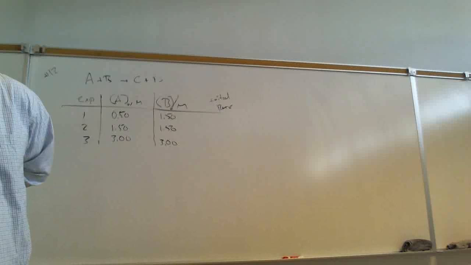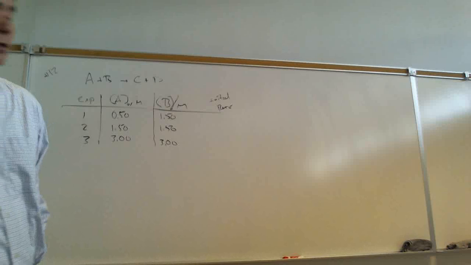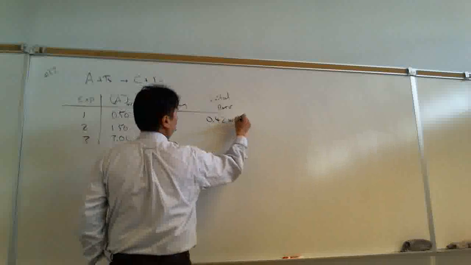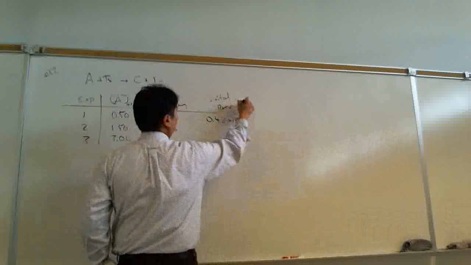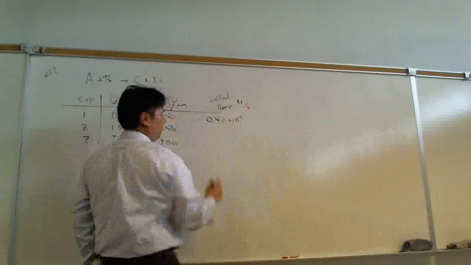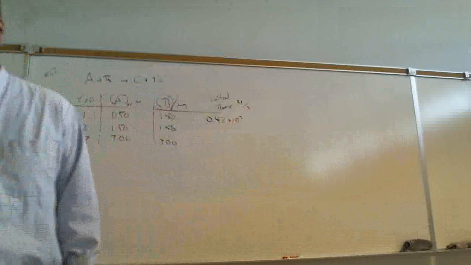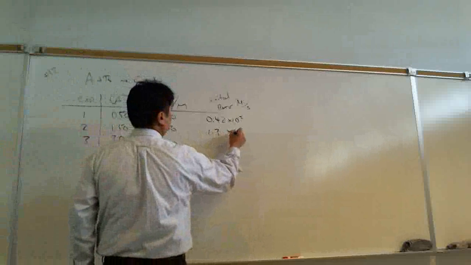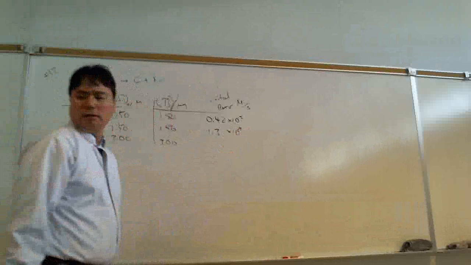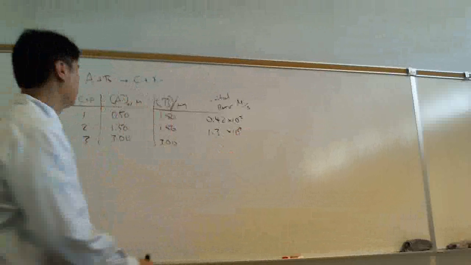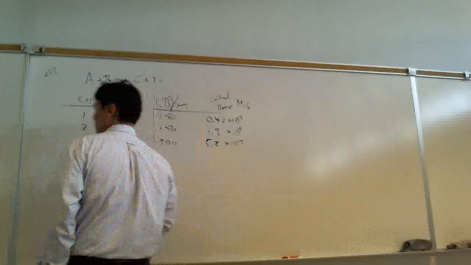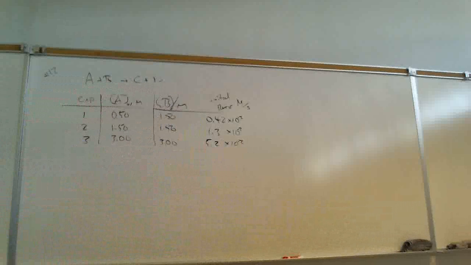Okay, it would be 0.42 times 10 to the minus 2. I'm going to change this more for a second. 1.3 times 10 to the minus 2. And 5.2 times 10 to the minus 2. Actually, this is taking time to work this.